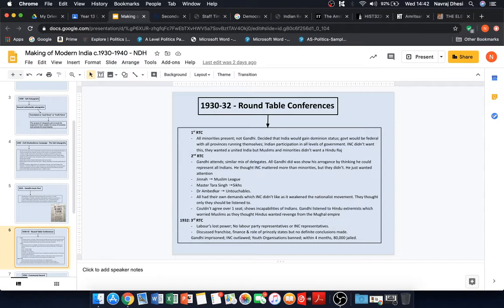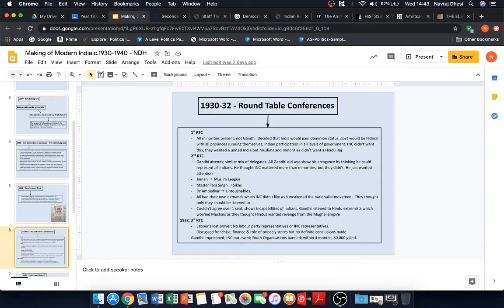Now, during the second roundtable conference, Gandhi attends, obviously as a result of his pact signed with Viceroy Irwin, and there's a similar mix of delegates. Now, all Gandhi did was show his arrogance by thinking he could represent all Indians. Okay, obviously I've touched on this before, but Gandhi really was exclusionary here in his politics, and he alienated many different religious minorities by saying that Congress was the sole representative of all sections of Indian society.